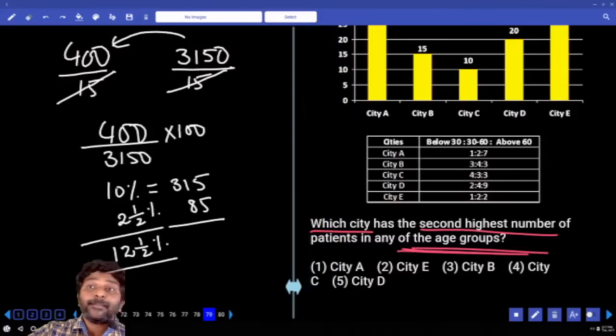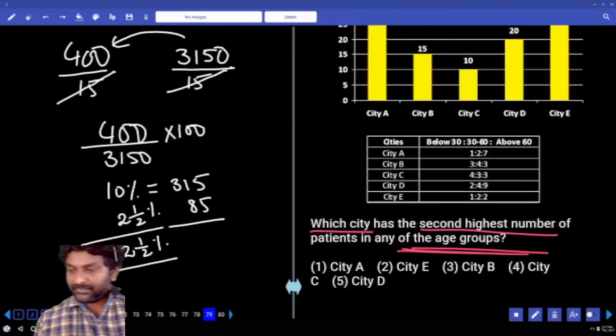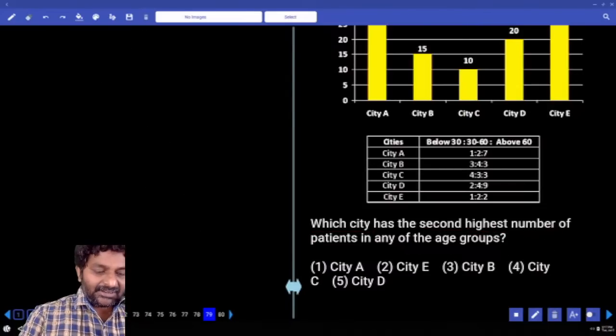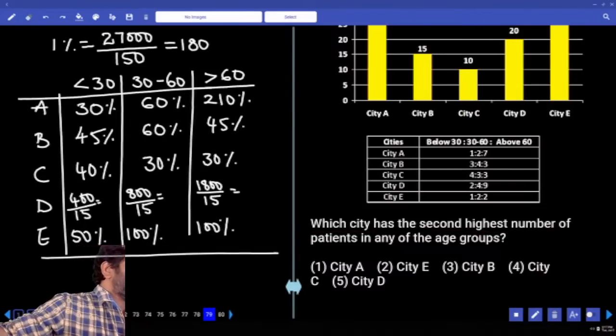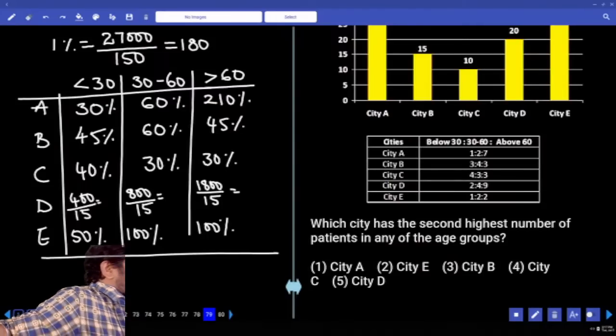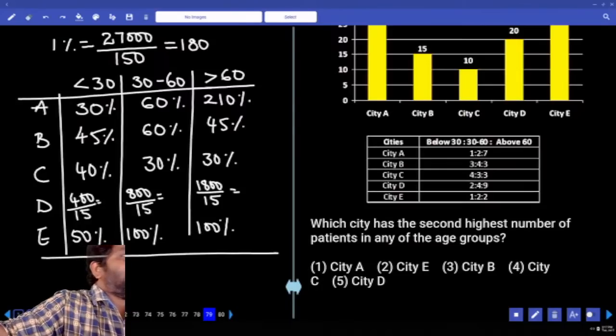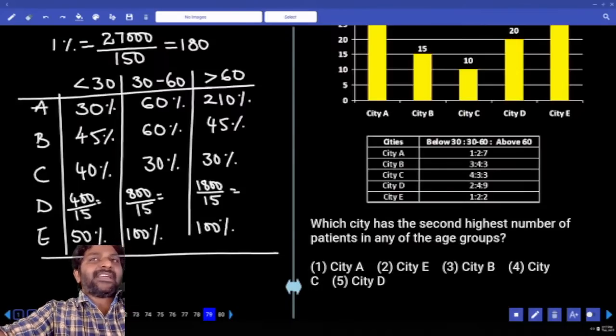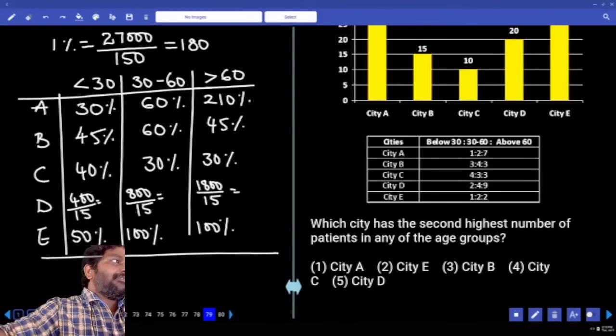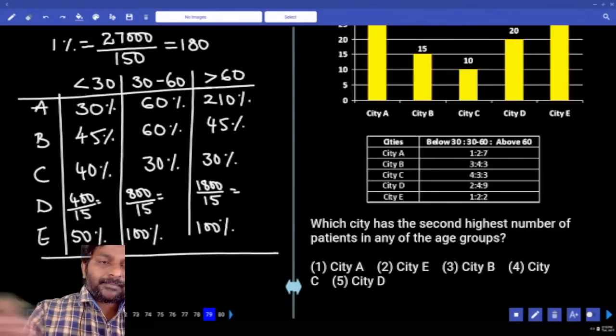It doesn't matter which group. Understood? Right. We need to answer which city that is. All of these are in percentages, right? Where 1% value is, because all are in terms of percentage. If the number is high, the percentage number is high, and the value is also high. Where do you see the highest number?